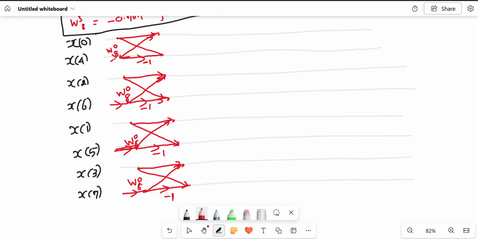In each stage there are N by 2 butterflies. Here N is equal to 8, so 4 butterflies: first, second, third, fourth butterfly. You can extend this also.